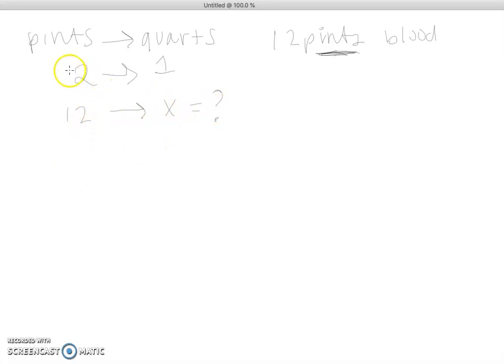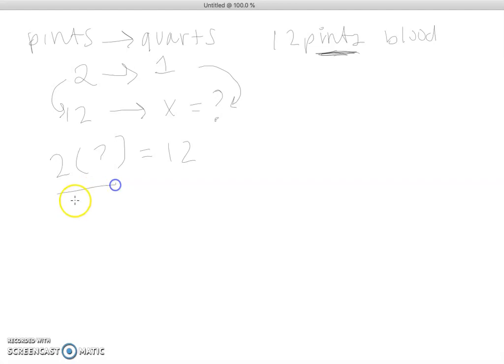So in this case, how does 2 go to 12? And how can 1 go to x? So 2 times what, or divided by what, is equal to 12? So 2 times question mark is equal to 12.